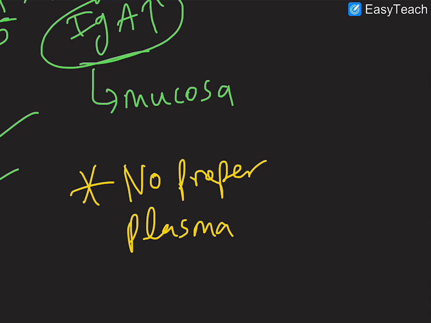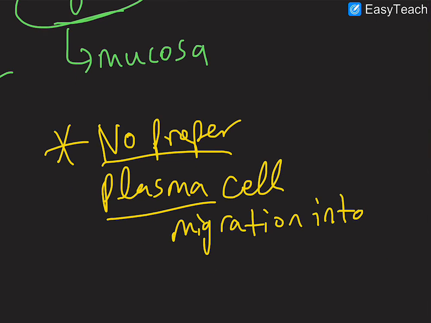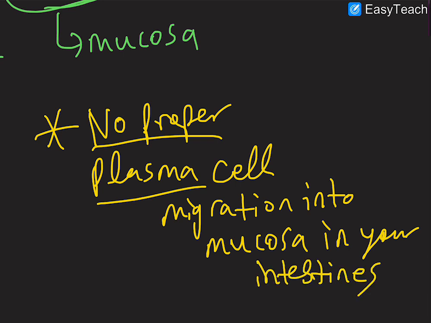So if you have B cell dysfunction, as we said we do have in this disease, then you won't have proper plasma cell migration into your mucosa, into your lamina propria, your mucosa of your GI system, let's say, of your intestines. So that's why you're more prone to infections in your intestines, like Giardia, for example.